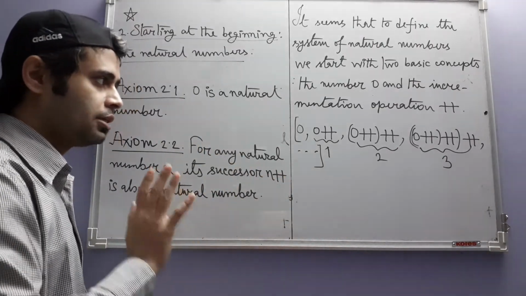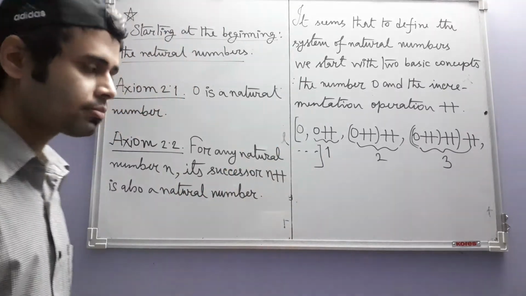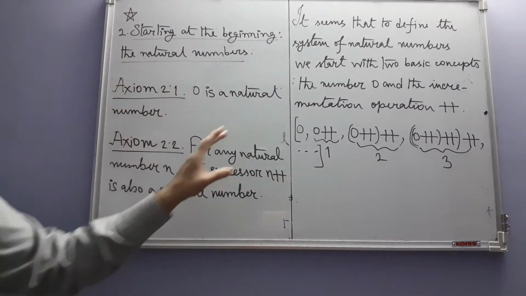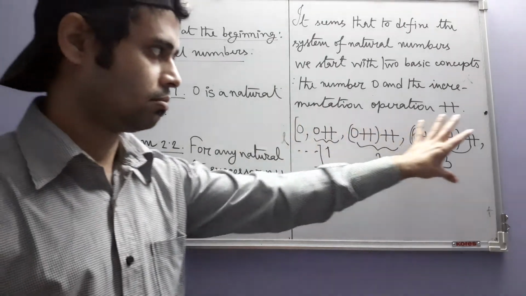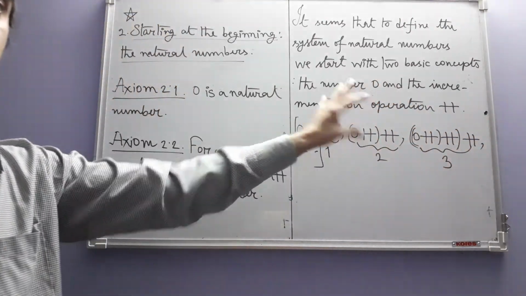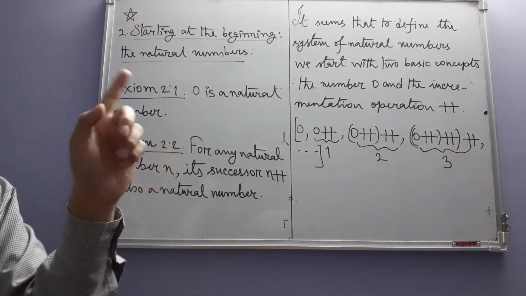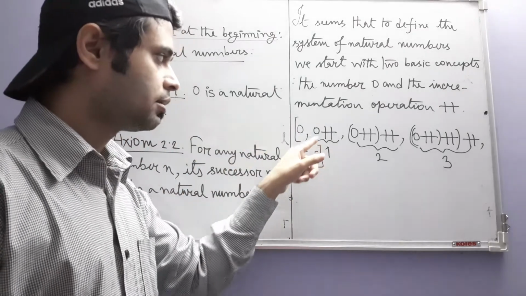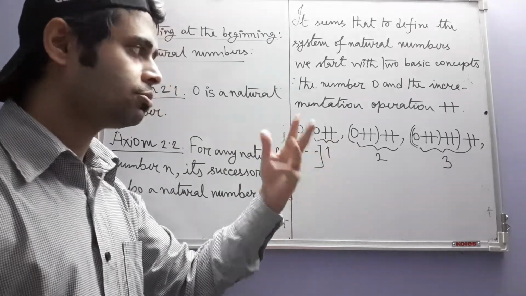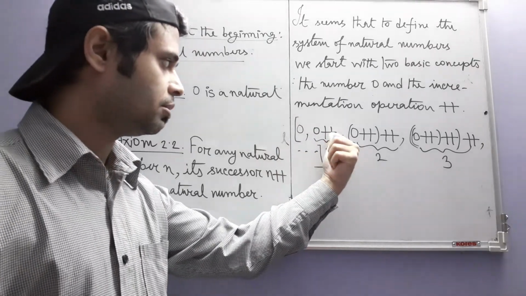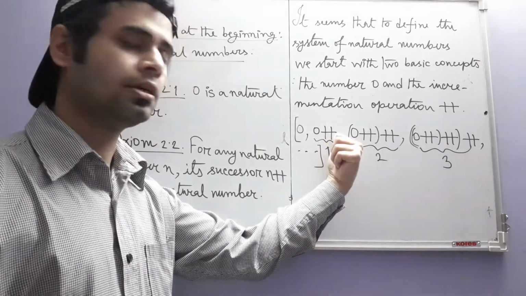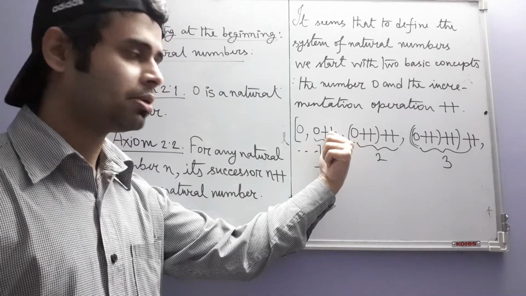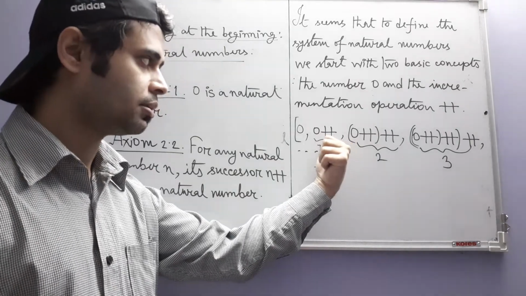So it seems that that's all. Using these two assumptions, we have defined the set of natural numbers. Operation is a different thing altogether. In fact, in trying to understand how to define operations, we found out that there is an elementary operation known as incrementation.